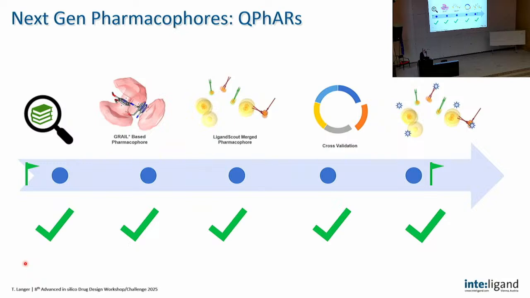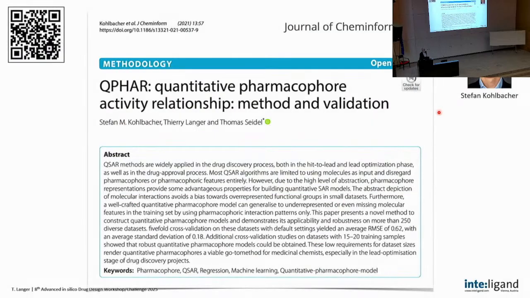We have started based on a method that we called GRAIL, and I will explain this GRAIL in a minute, to generate LigandScout merged pharmacophores to select features, to do cross-validation in combination with biological activity data, and then find the features that are relevant and weigh them with a certain correction factor to get, at the end, when we match compounds to these features, a quantitative value. And we named this QFAR, for quantitative pharmacophores.